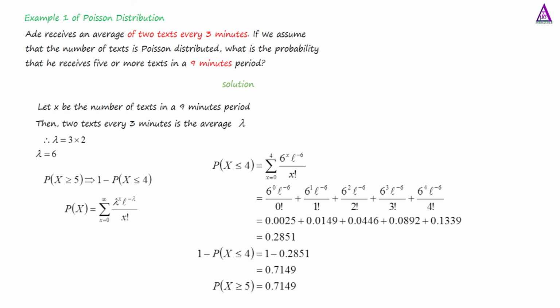When we calculate everything, we have 0.2851. So the probability that it is 5 or more is 1 minus the probability that it is less than or equal to 4. And the probability that he receives 5 or more is 0.7149.